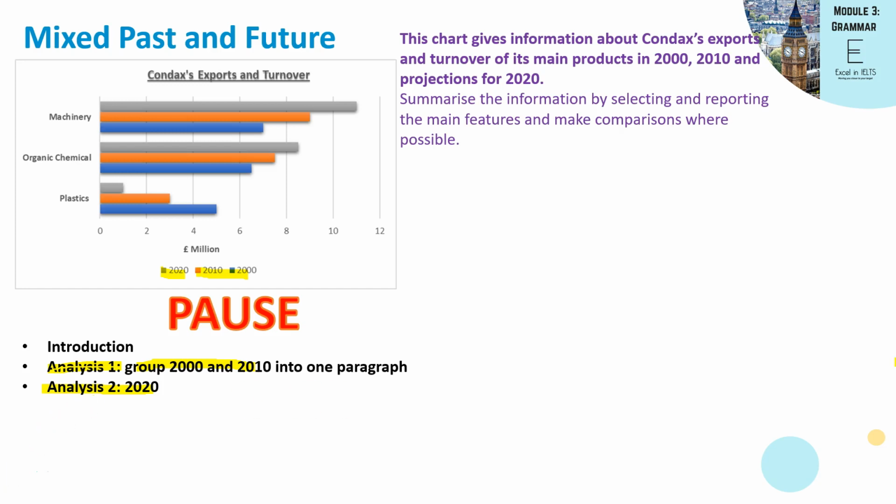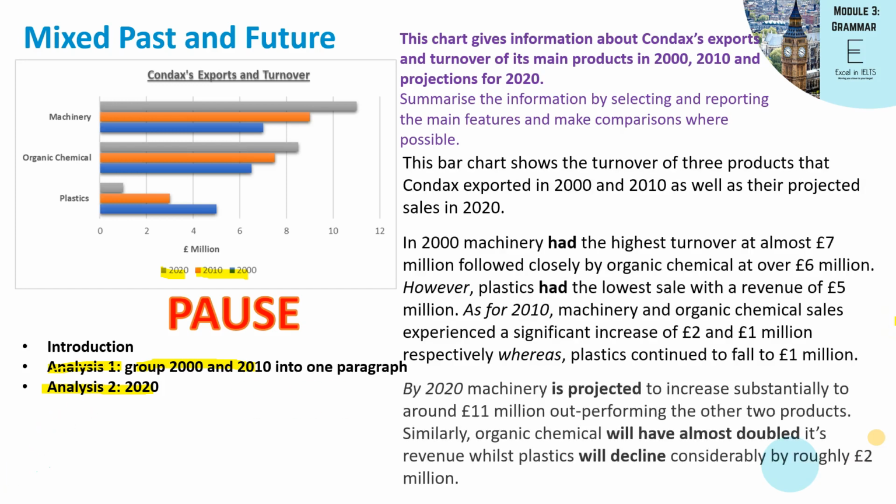Let's have a look at those paragraphs. So I'm not going to read it, but instead I'll just highlight the key things. So we've got past simple here in this second paragraph, as it's talking about 2000 and 2010. And as you can also see, I've got actual figures quoted, and you should have done that too.